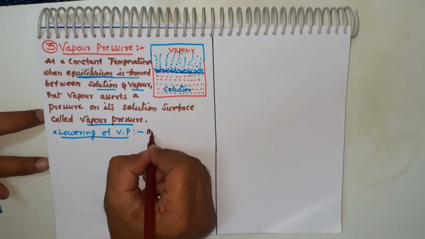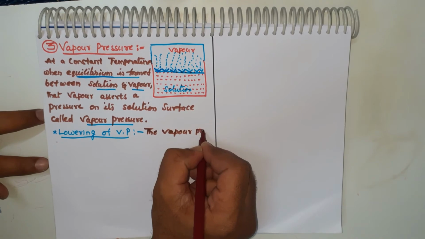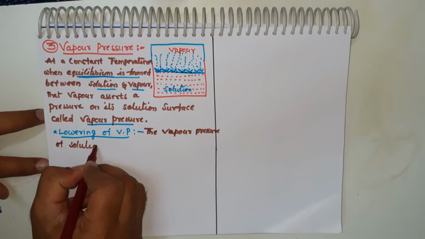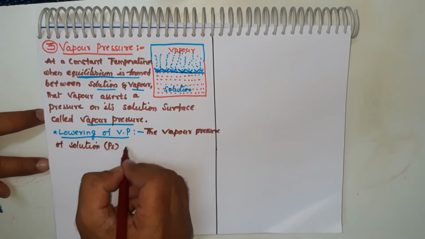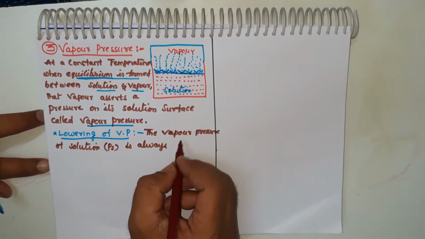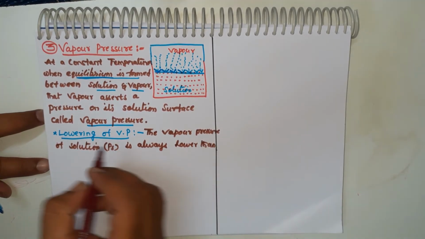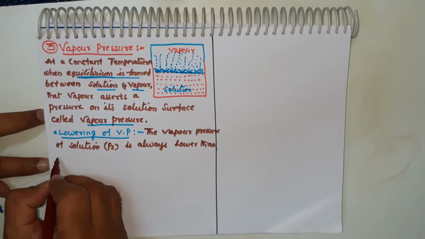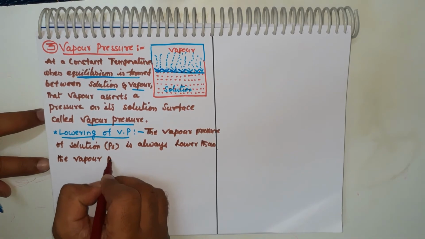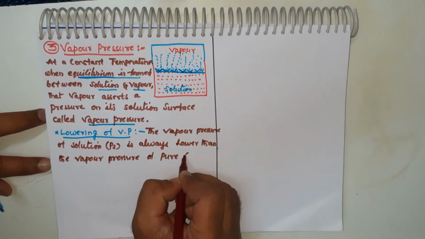The vapor pressure of solution, that is Ps, is always lower than the vapor pressure of pure solvent.